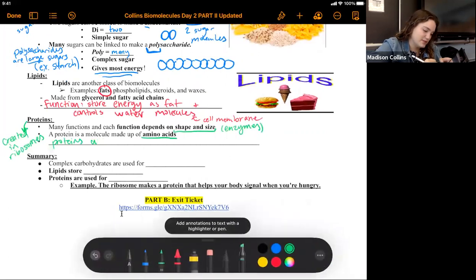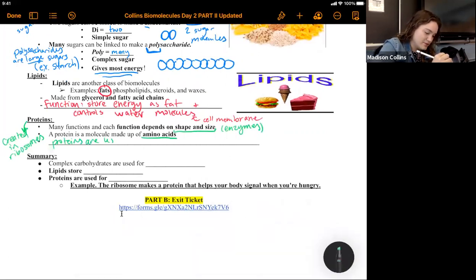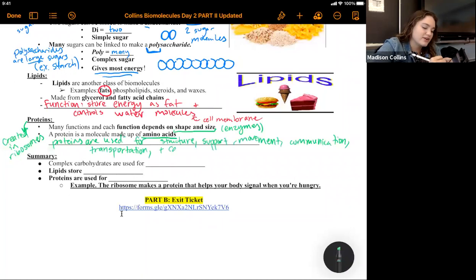Hold on, proteins are used for movement, communication, we're almost done, transportation, and carrying out chemical reactions.